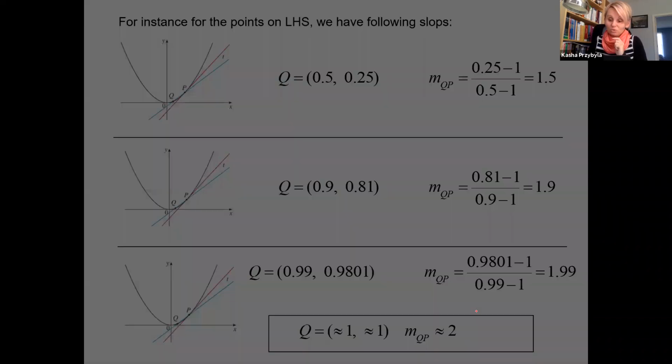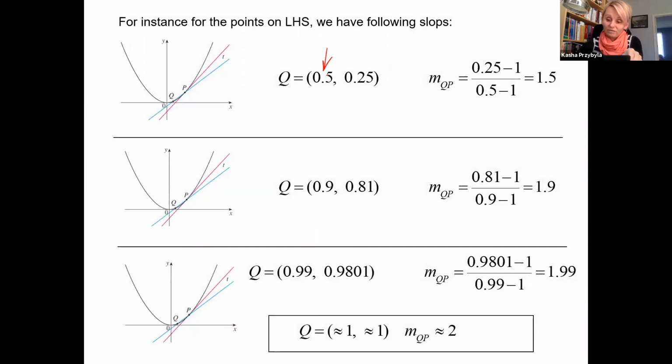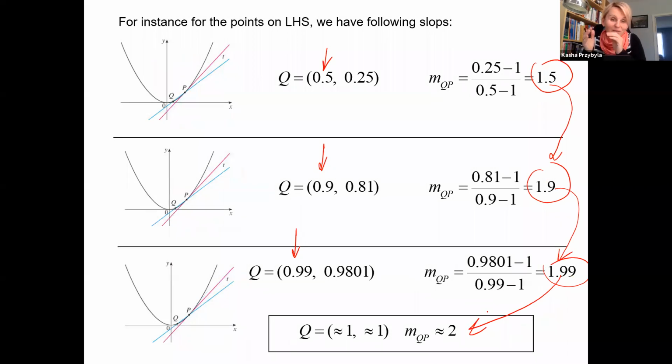The slope of the blue line is 1.5, 1.9, 1.999, and when we get even closer, it will be almost 2.